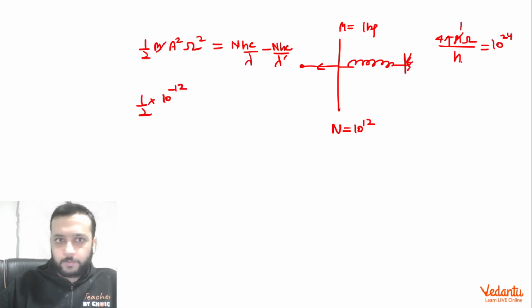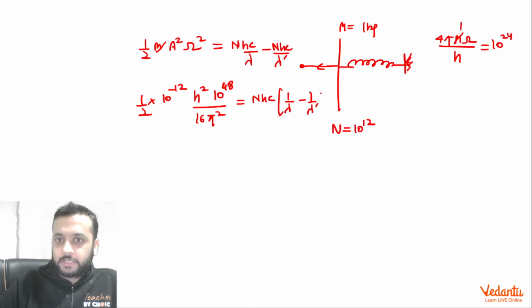Omega we can put from here, so this becomes h square times 10 to the power 24 squared, that means 10 to the power 48, divided by 4 pi square, that means 16 pi square, is equal to n into hc times 1 by lambda minus 1 by lambda dash. Lambda dash is the wavelength of the returning, reflected photons. Now the value of n is 10 to the power 12. You can cancel out one h, and the speed of light is 3 into 10 to the power 8, times 1 upon lambda minus 1 upon lambda dash.